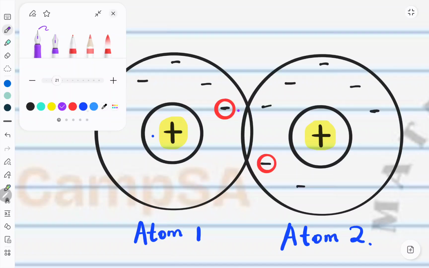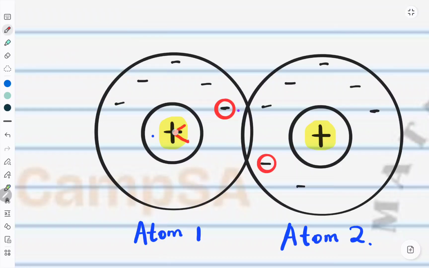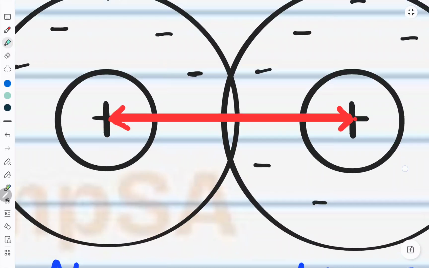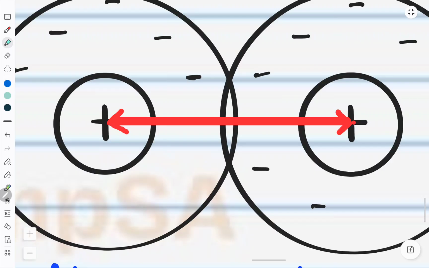Let's use this distance, the distance between their nuclei. That small distance is called the internuclear distance. It just means the distance between the nucleus of atom 1 and that of atom 2.